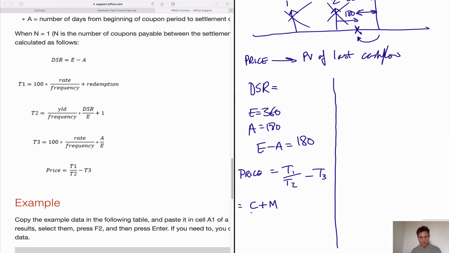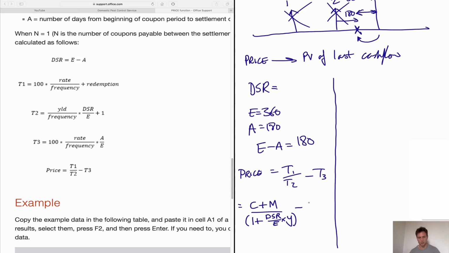T2, and we're just going to simplify frequency equals 1, is 1 plus DSR over E times the yield. That's T2.